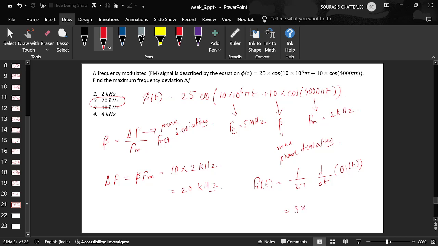that 5 into 10 to the power 6 plus 1 over 2 pi into 10 into 4000 pi.